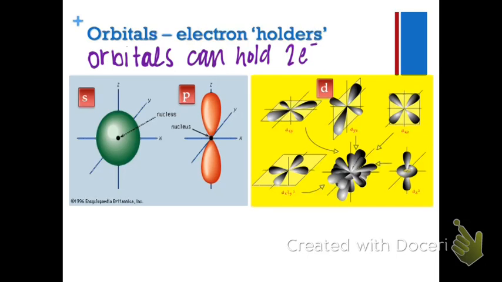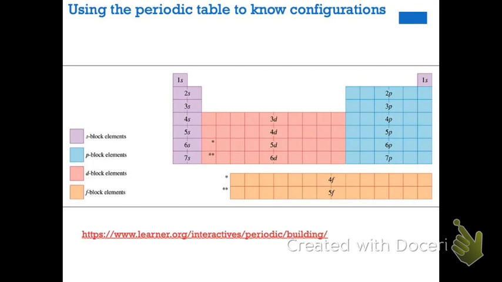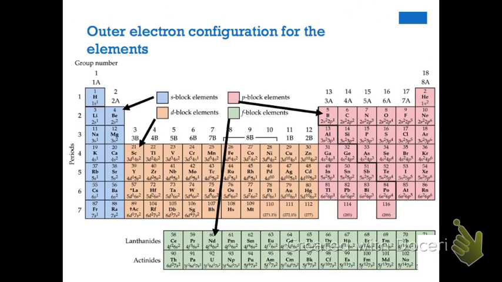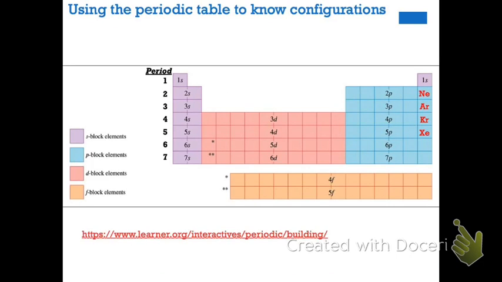Groups 1 and 2 are called the s block. So above those groups 1 and 2, just write an s. These 6 groups over here are called the p block. The transition metals are called the d block, and the lanthanides and the actinides are called the f block.